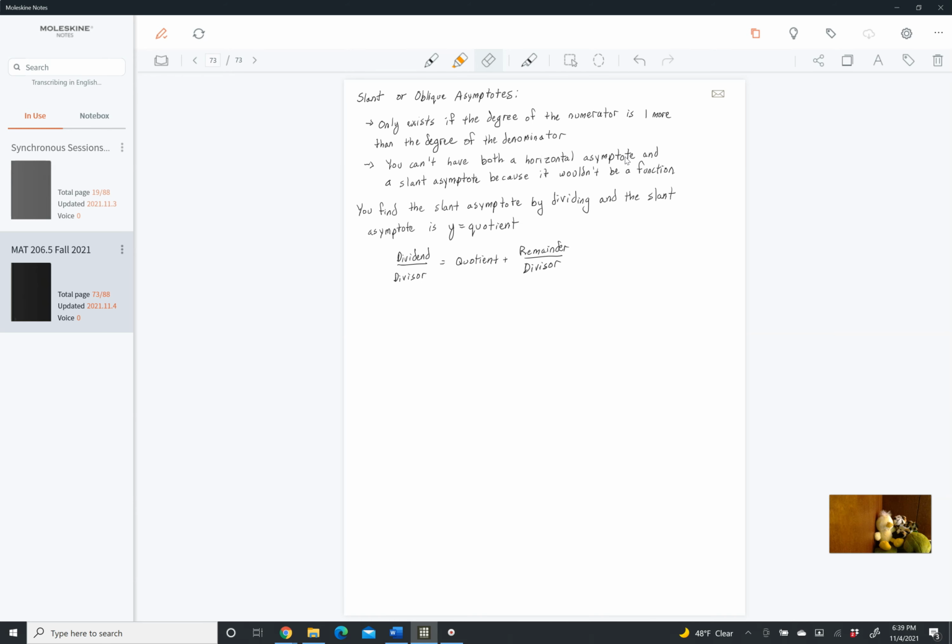Okay, so why is it the quotient? The reason it's the quotient is that when x is very, very large, the remainder over the divisor approaches 0. Why does it approach 0?